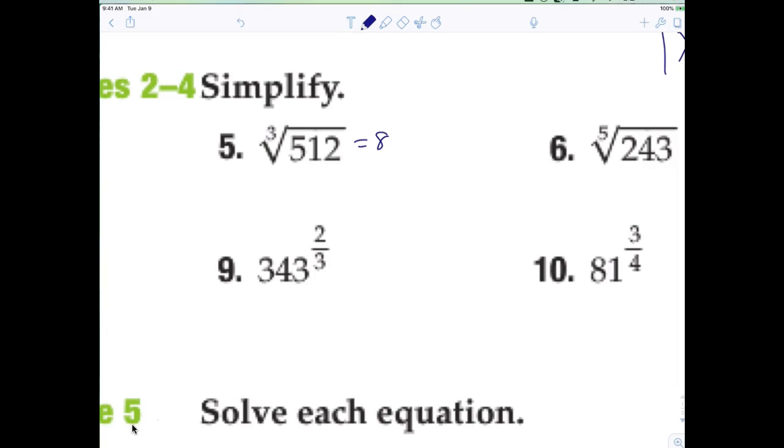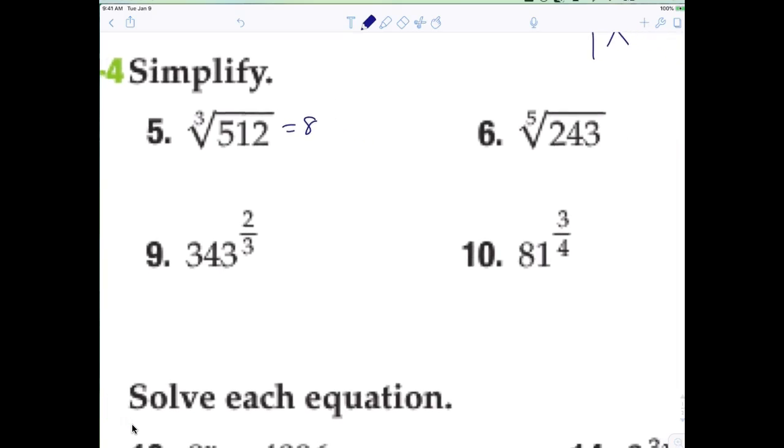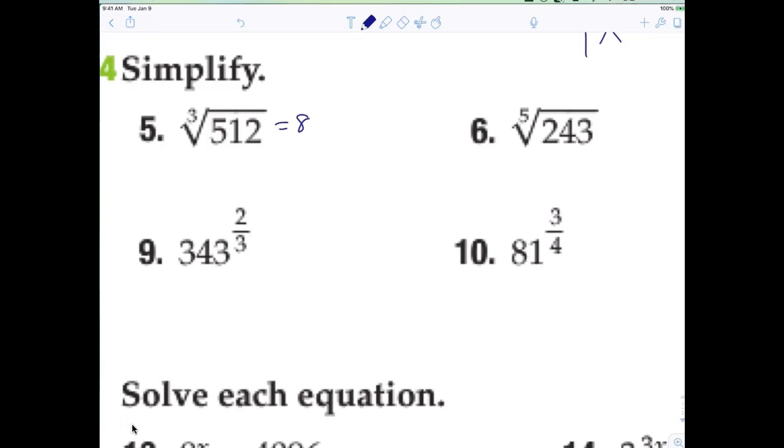Now, the next thing I want you to do, guys, is look up. I want you to write, that's the same as 512 to the 1/3 power. So now I want you to type in on your calculator 512 and then hit the caret button, and then 1 divided by 3.